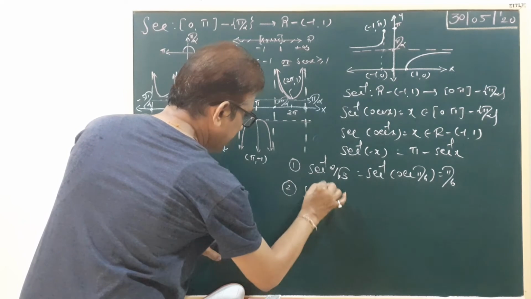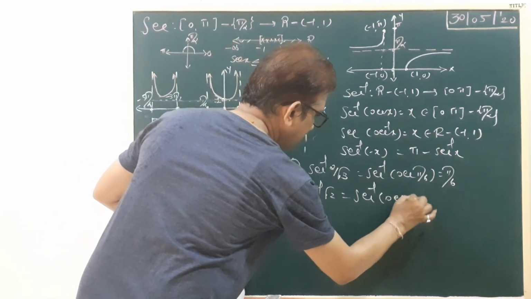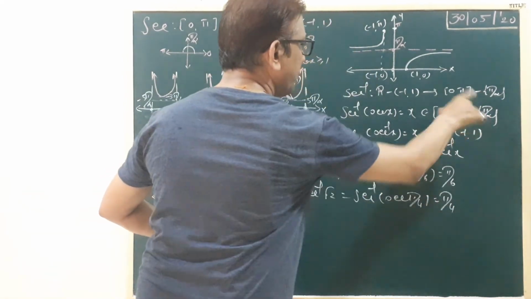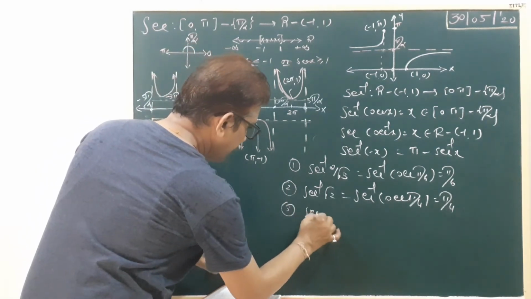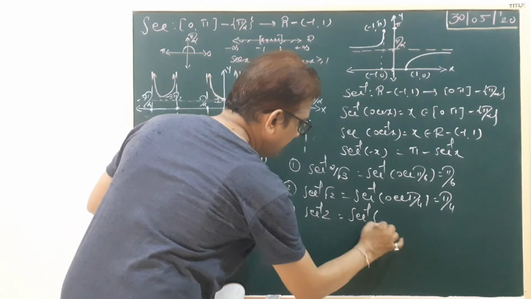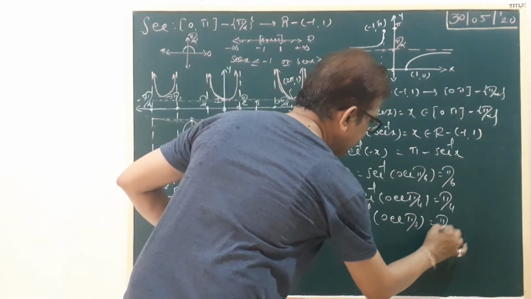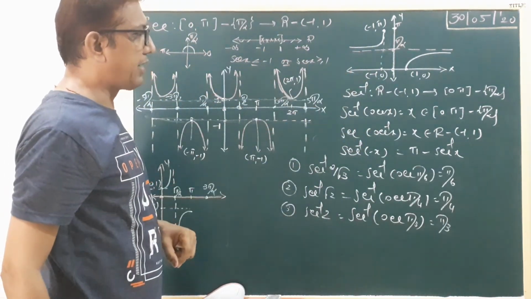Second one, sec inverse root 2. So sec inverse sec pi by 4, answer is pi by 4, which belongs to 0 to pi minus pi by 2. Third one, sec inverse 2. So sec inverse sec pi by 3, 60 degrees. So the answer is pi by 3, which belongs to 0 to pi minus pi by 2.